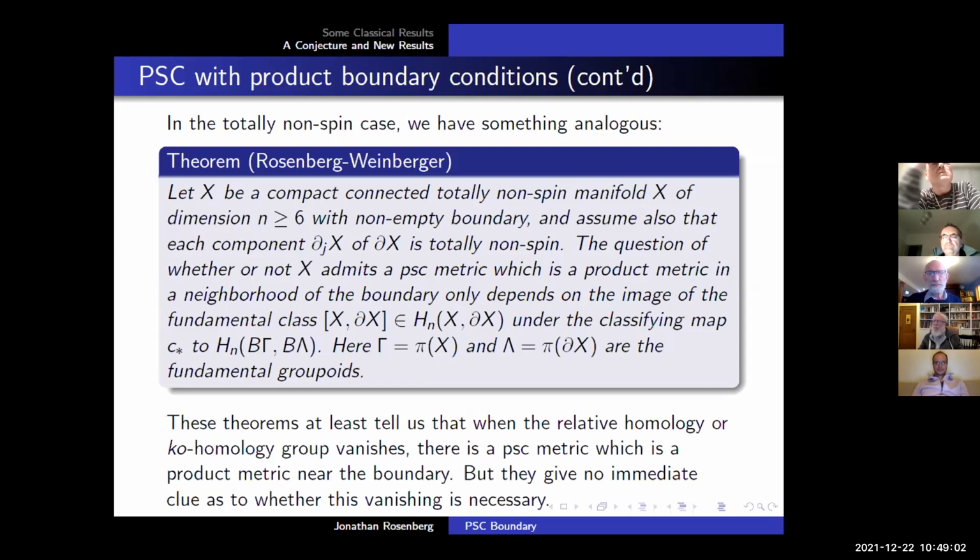Okay. Can I ask more questions? Sure, by all means. So the next question is maybe more speculative. The Lichnerowicz result is about the implications of positive scalar curvature for the spectral properties of the manifold. What about the converse? Is the positive scalar curvature condition somehow spectral in a sense?